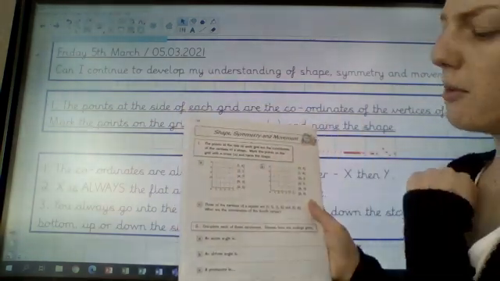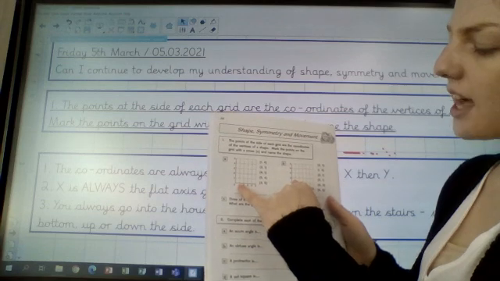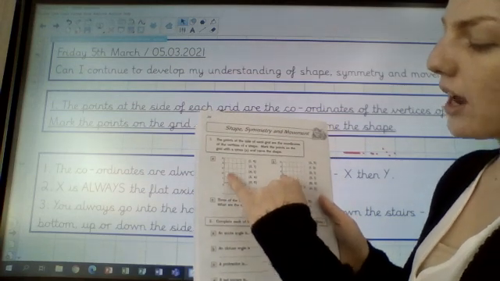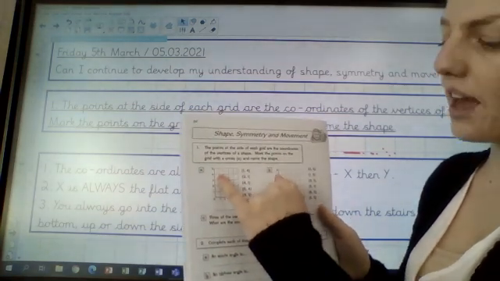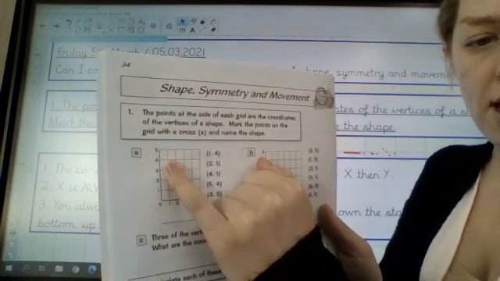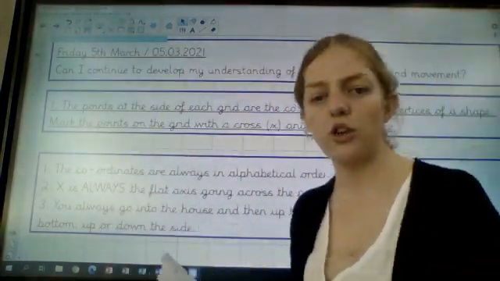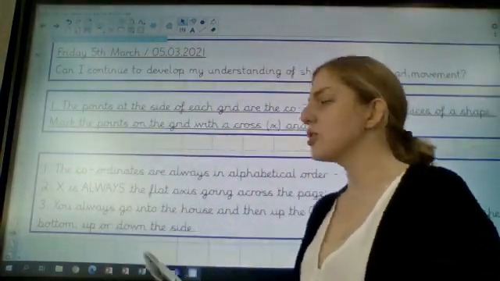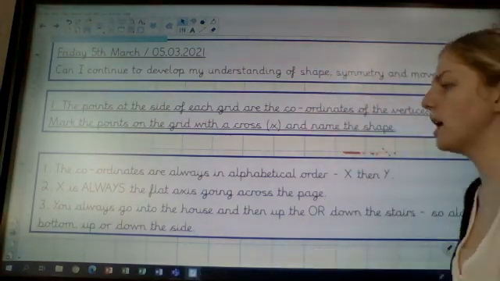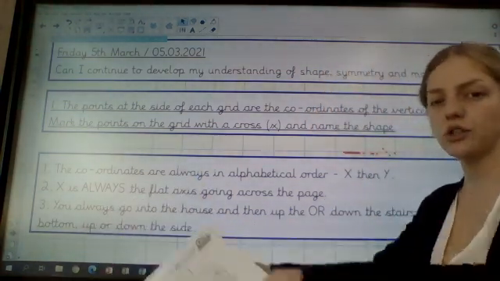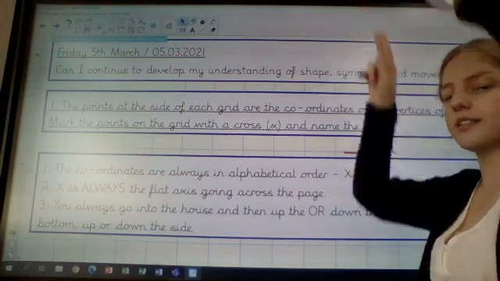So if you've got 1,4, you'll go along into the house, up number 1, and then you count up until you reach number 4, and that would be the first point there where I'm pointing to where you plot your first coordinate, okay? So always remember along the corridor or into the house and up the stairs.